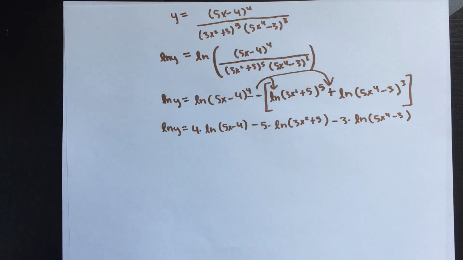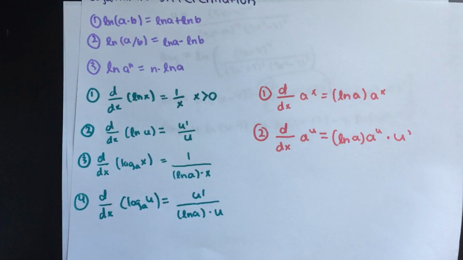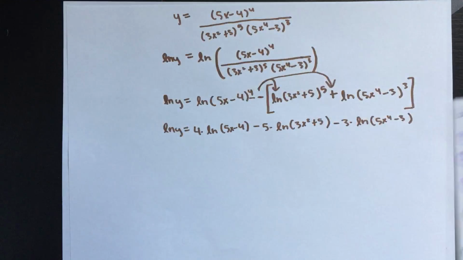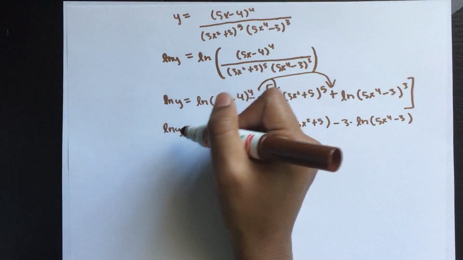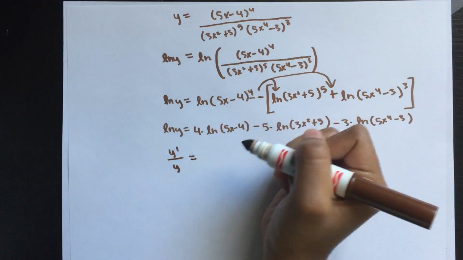So using this rule right here, we know that the derivative of the natural log of u is u's derivative over u. So we can apply that same rule here. The derivative of the natural log of y is the derivative of y over y.